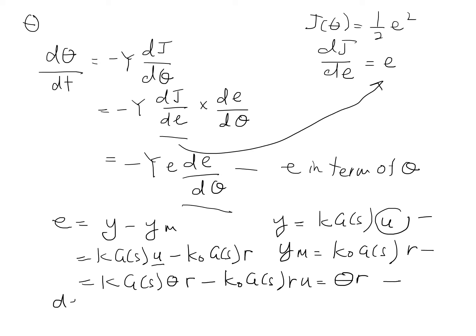So de over d theta is equal to kG(s) r. This is equation 2.